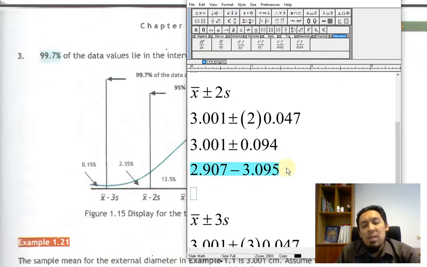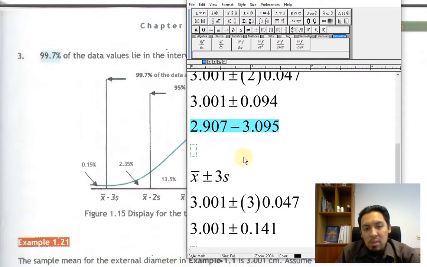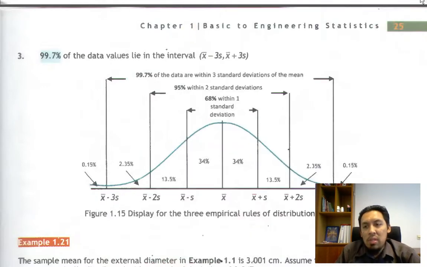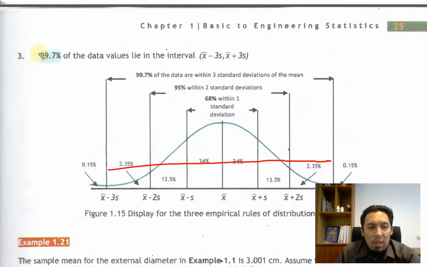Okay, how about 3 standard deviation? 3 standard deviation talks about this range, which includes almost every data. If you look at this, 0.3.